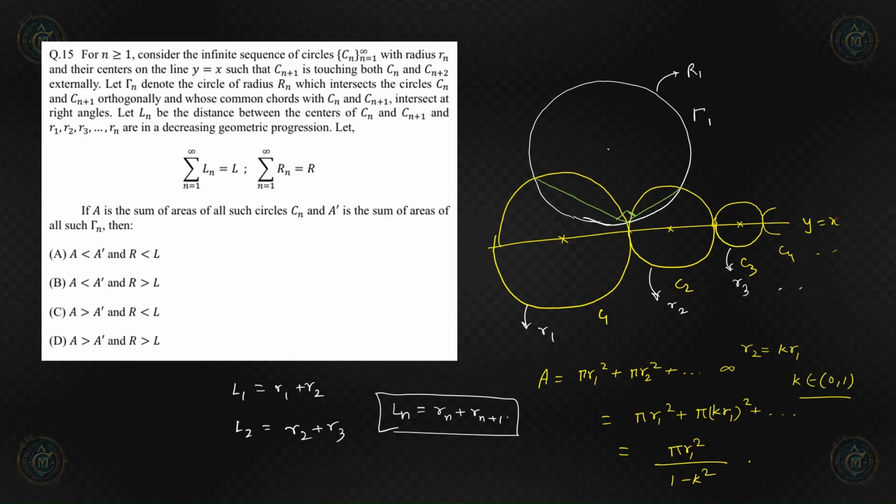Now let's think about this capital Rn. Let us try to draw the diagram in a bigger form and then find a general expression for capital Rn. So capital Rn we have to find. Let us say this is our Cn.